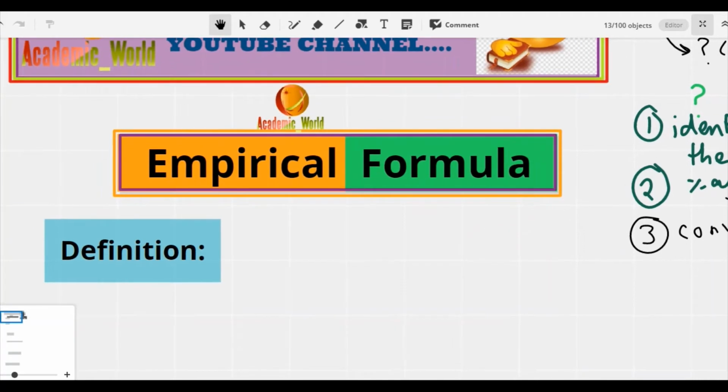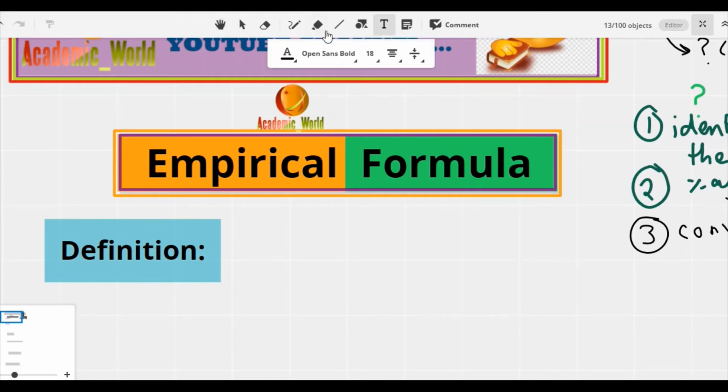Now the question is, what is meant by empirical formula? Remember that empirical means it is derived from observation in an experiment rather than from theory. An empirical formula tells us the simplest ratio of combining elements.